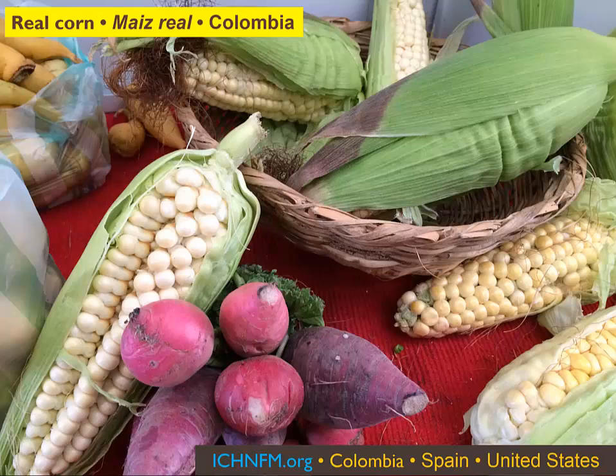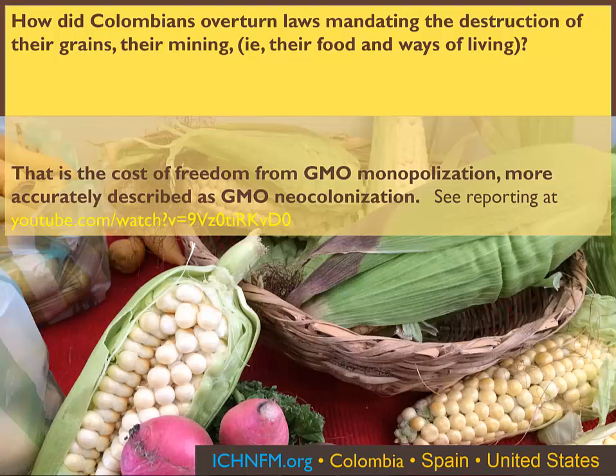So I just wanted to see, what's the difference between corn in other countries and corn in the United States. And what I found was some really interesting political information showing that Colombian farmers had been recently forced to destroy their own crops in favor of genetically modified grains from the United States. Well, of course, that caused a lot of protests because the farmers were saying, hey, you can't ask us to destroy the grains that we've cultivated for hundreds of years and which sustain this country.